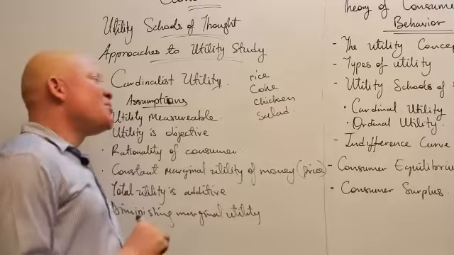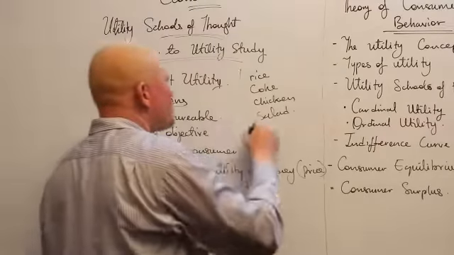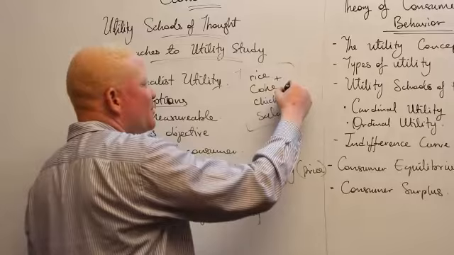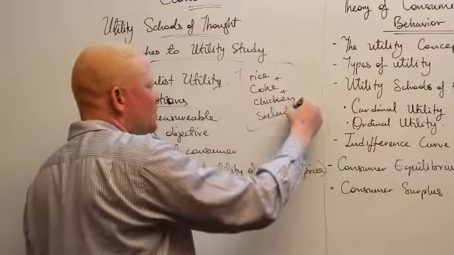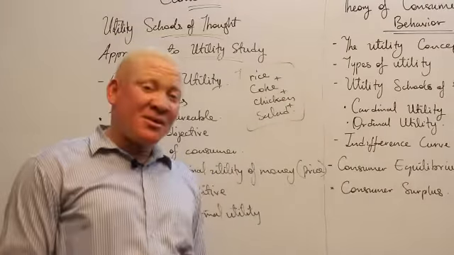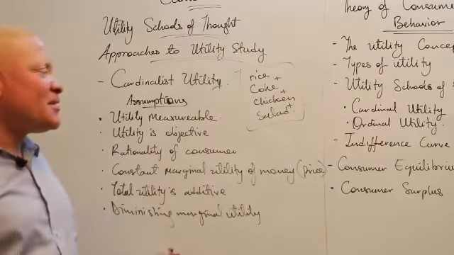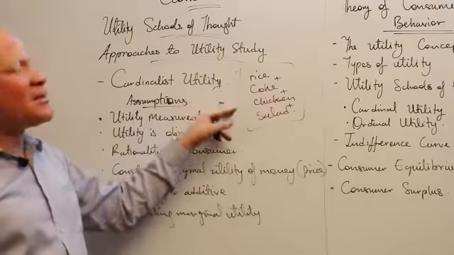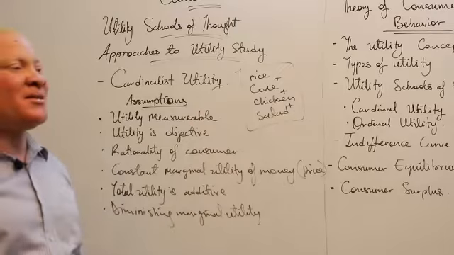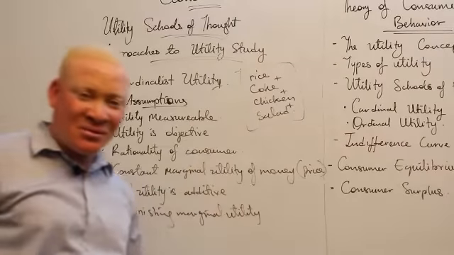The whole utility I'm supposed to derive from this is the utility from rice plus the one from Coke plus the one from chicken plus the one from salad. That's what they have said. The total utility is the utility from the 1, 2, 3, 4 things that you consumed. Then you can calculate your total utility of a bundle.